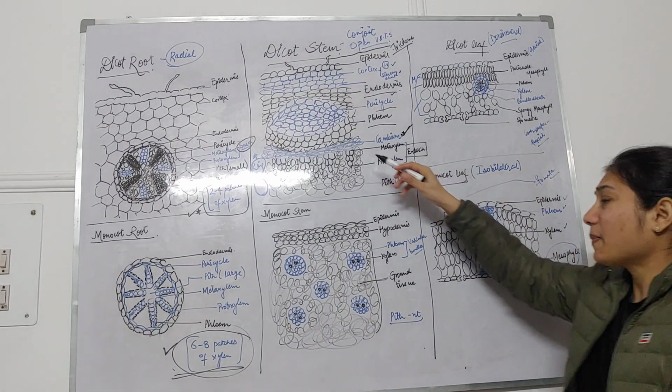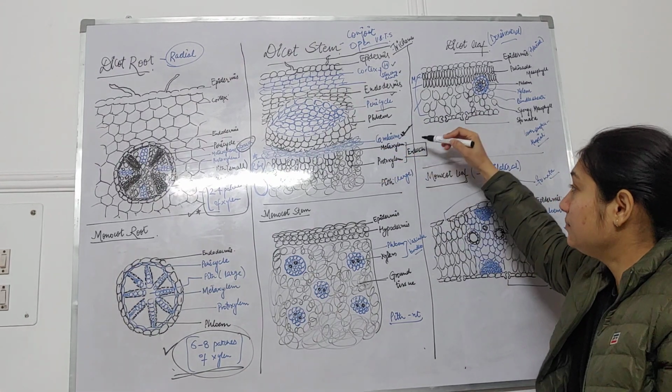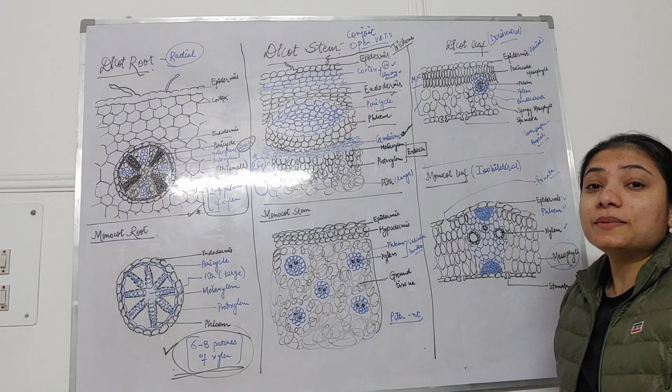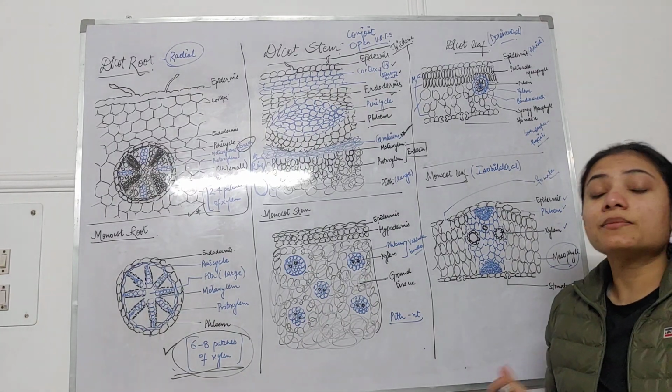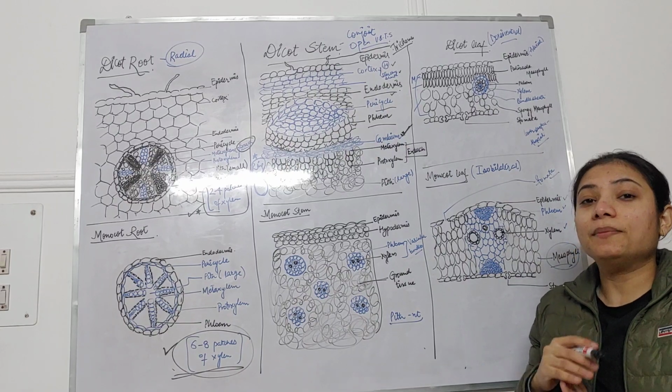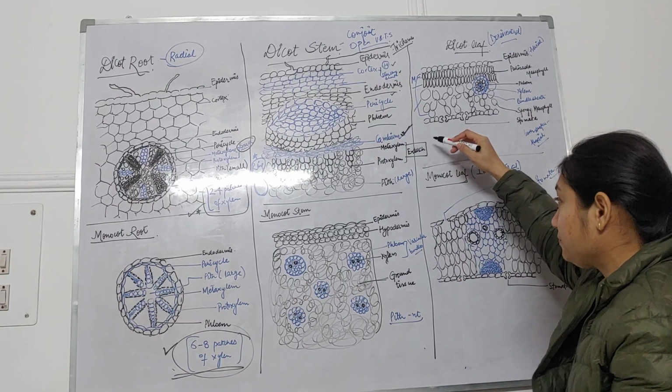After that, xylem is present in the endarch condition, which means protoxylem is towards the center and metaxylem is towards the periphery.